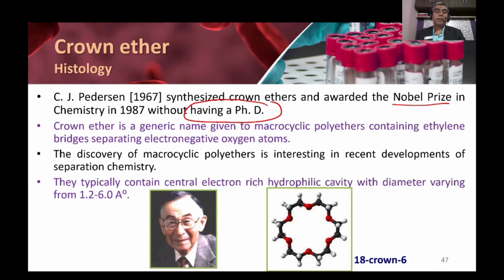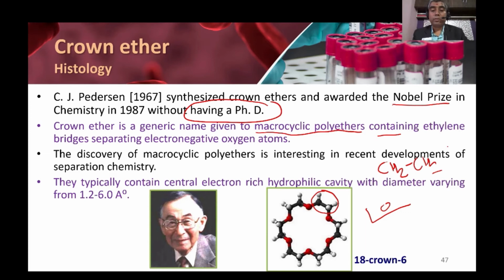So C.J. Pedersen is known as the father of crown ether. Crown ether is a generic name given to macrocyclic polyethers. We can see in the image a macrocyclic polyether containing ethylene bridges. These are ethylene bridges, CH2-CH2, separating electronegative oxygen atoms.